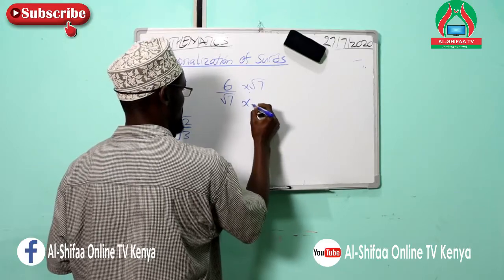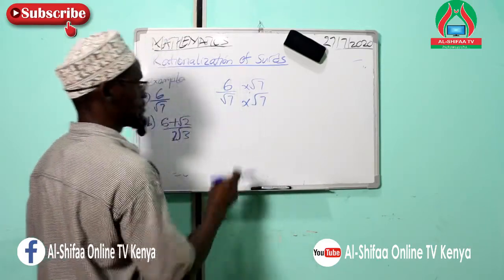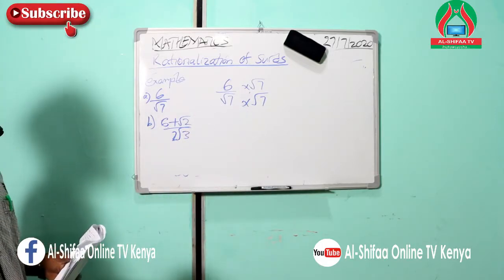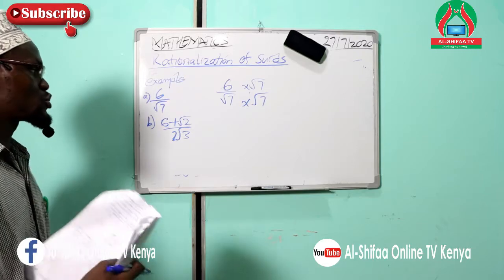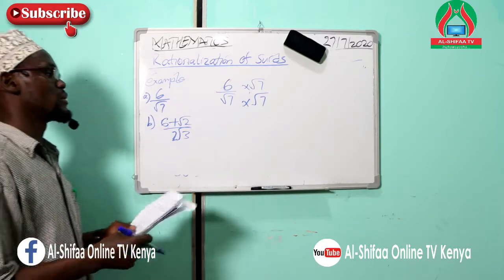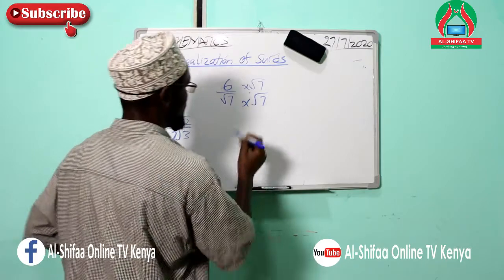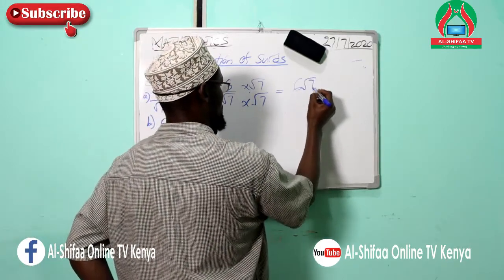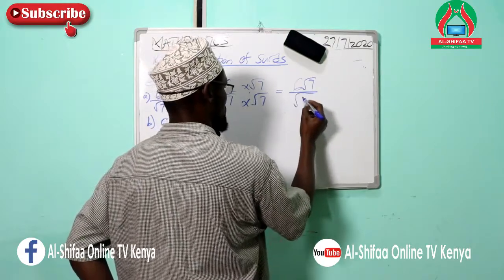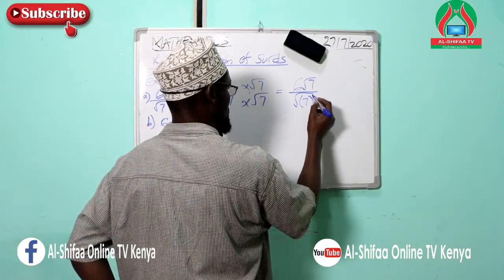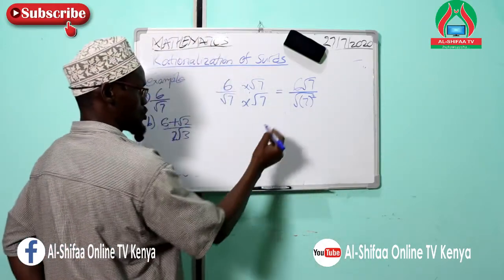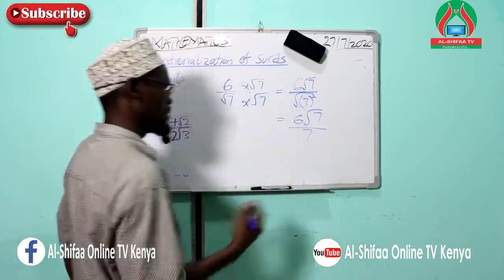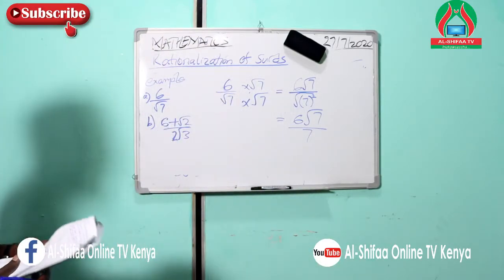Root 7 multiplied by root 7, you'll get root of 7 squared. This will be 6 root 7 over root 7 squared, which is equivalent to 6 root 7 over 7. And by doing so, you have already rationalized.